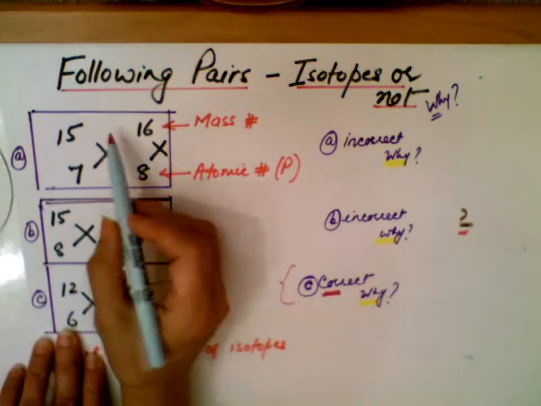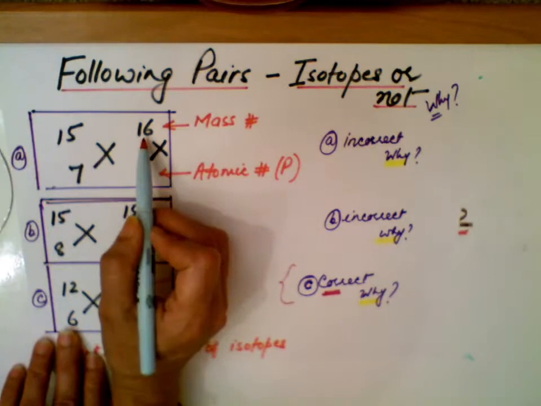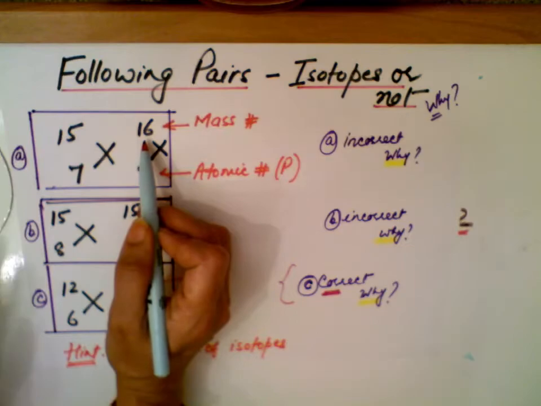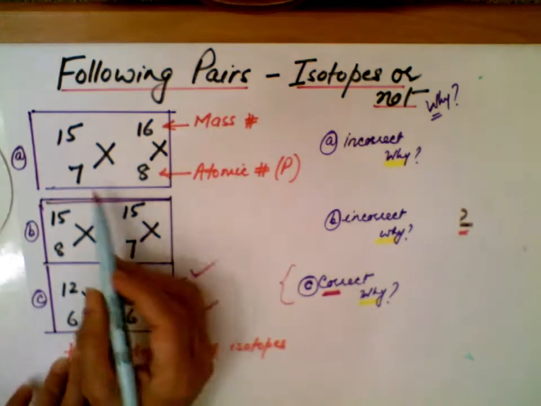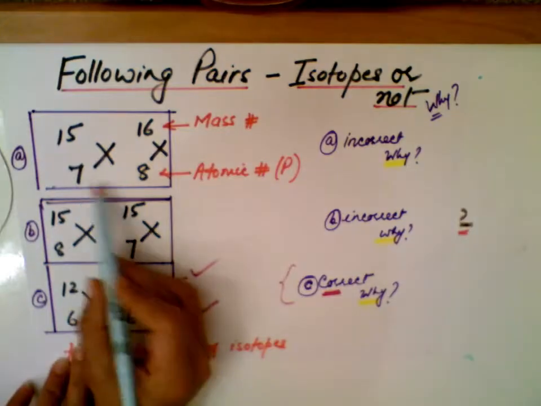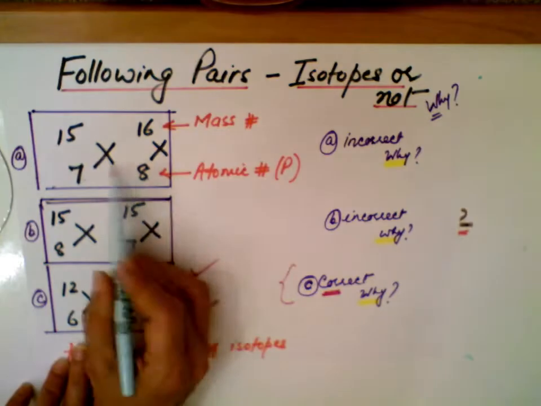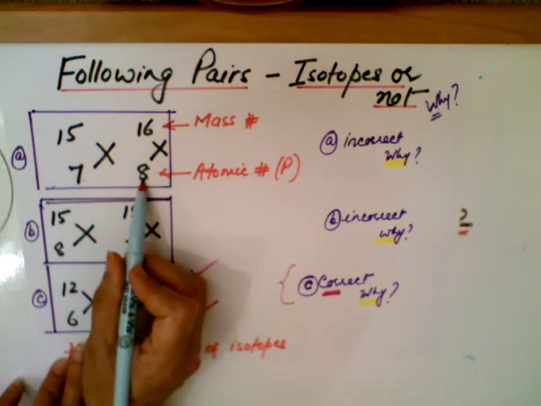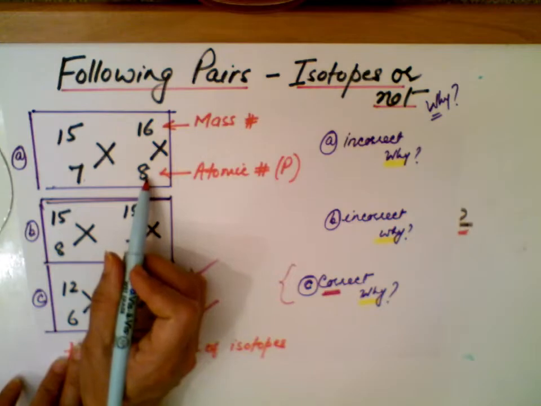Look here, the mass numbers at the top are different, which is perfect because by definition isotopes have different mass numbers, but their atomic number is differing as well. So they are not isotopes of the same element, because if the atomic number is different, the number of protons is different, that means they are different elements.